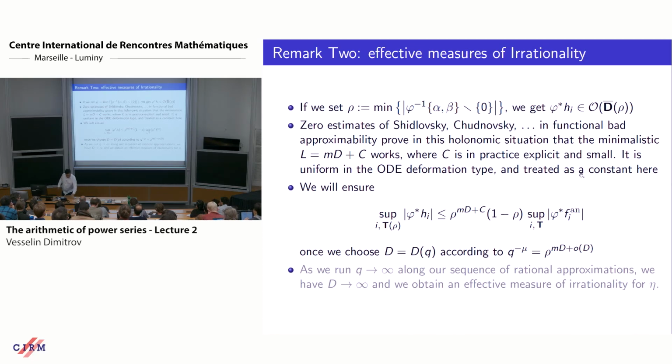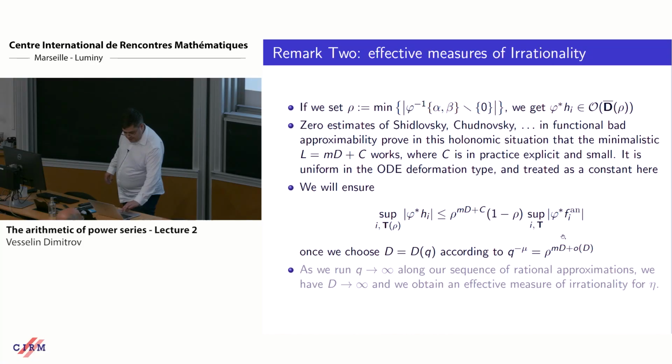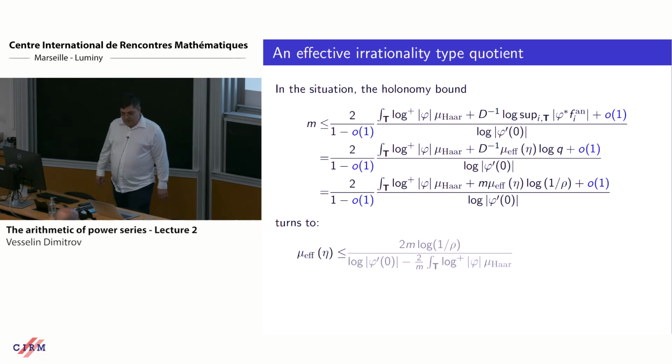And so this was the condition to capture the proximity of the approximations. We solve it. Basically, along the sequence of rational approximations P over Q, we choose the degree parameters D by solving this equation. And then in the limit D goes to infinity, we obtain the following.